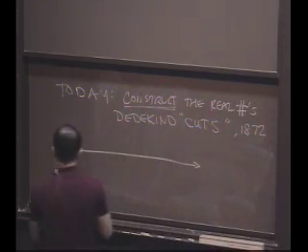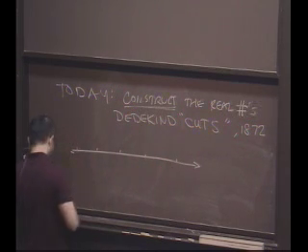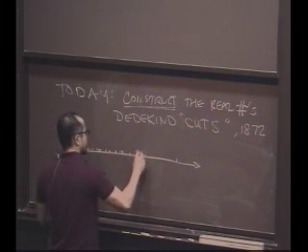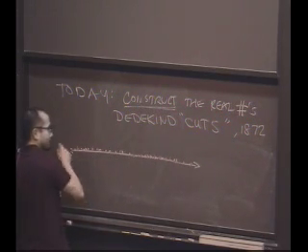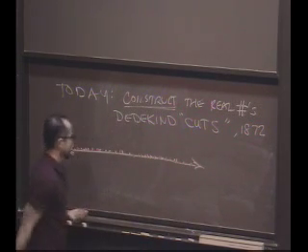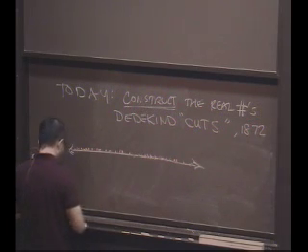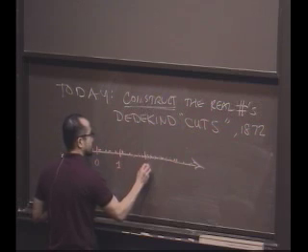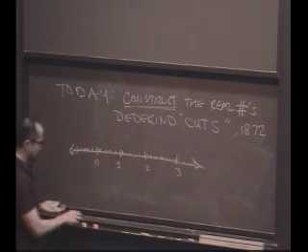So for instance, here are the integers, and then here are some rationals, a few of them, not going to write them all, obviously. Here's some of the integers. The rationals are in orange.